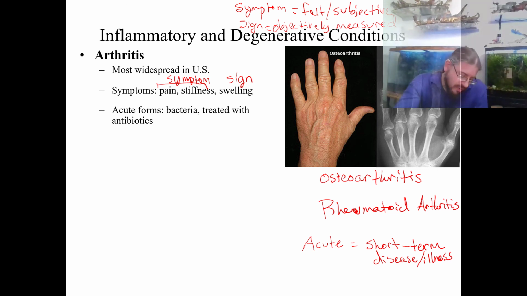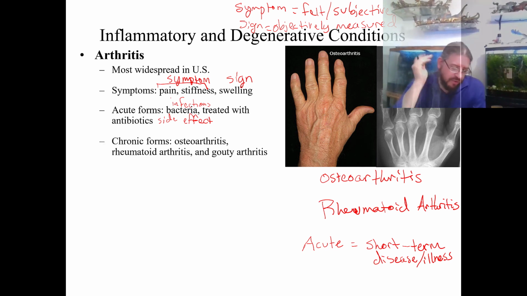So, you can get it from infections, and you can get it from some treatments. So, it can also be a side effect of certain treatments. So, for instance, Lyme disease, the antibiotic used in Lyme disease treatment can cause arthritis. And if you abuse that antibiotic, you can end up causing chronic or permanent arthritis.